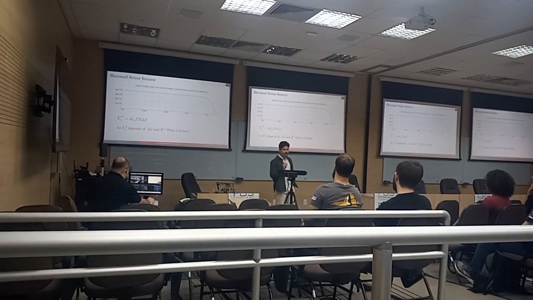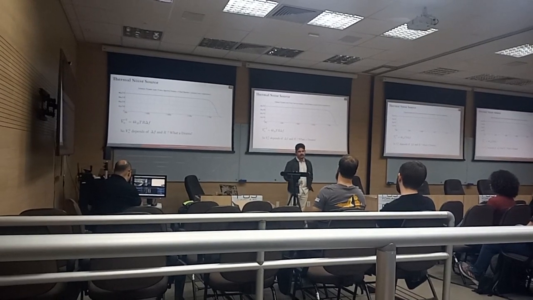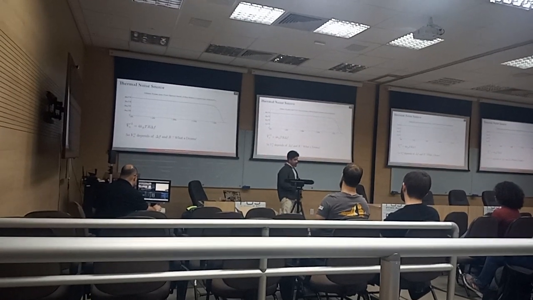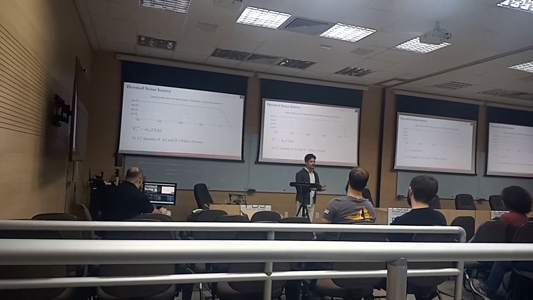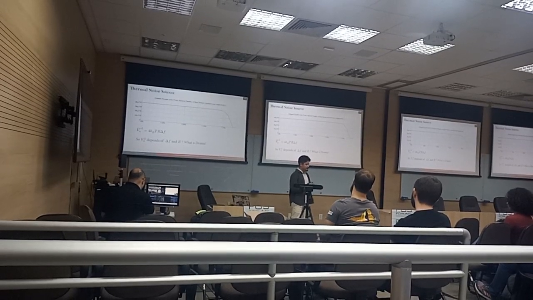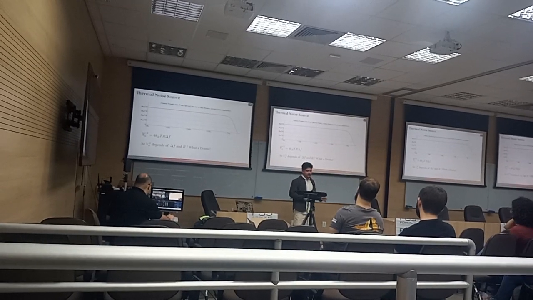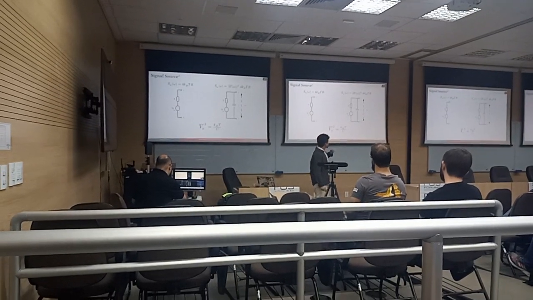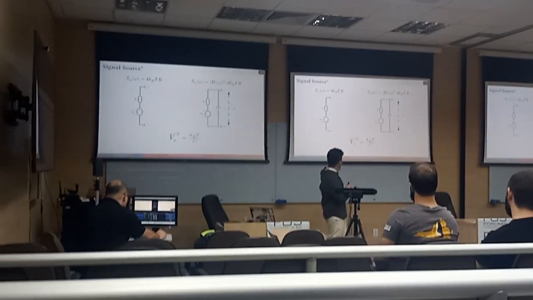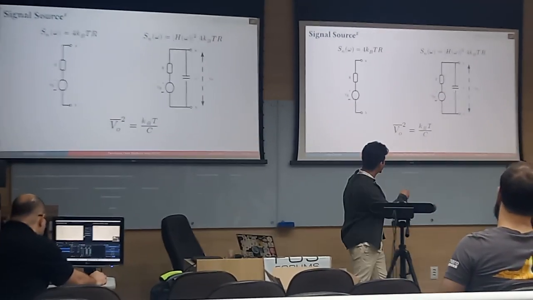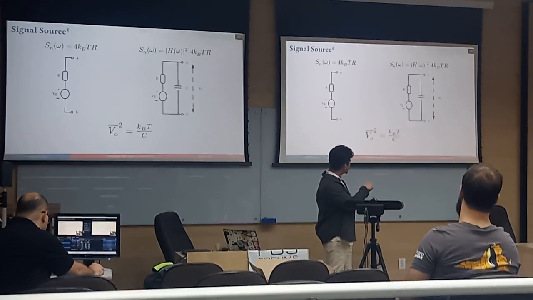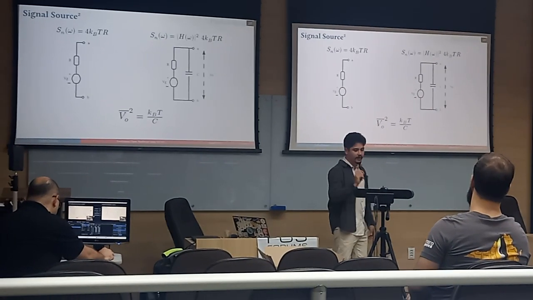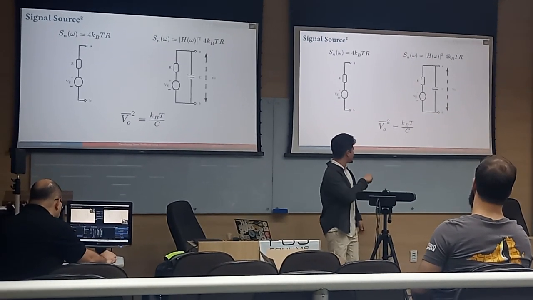But there are some issues. The first issue is that, as I said, it's in attovolts. This is nothing. We cannot measure this with a multimeter. It's not possible. And also we have a dependency on the resistance and the frequency of the noise. These things make the experiment unfeasible in this way. So the idea is to put a capacitor, and with this, when you compute the PSD of this voltage source, you can see that the mean square voltage you get in the end depends on the Boltzmann constant.